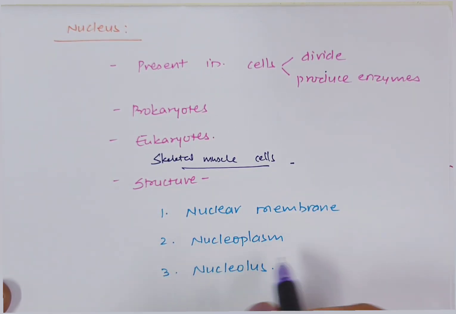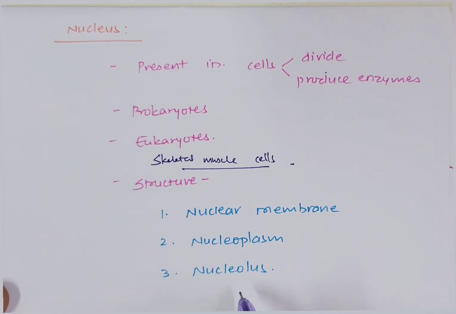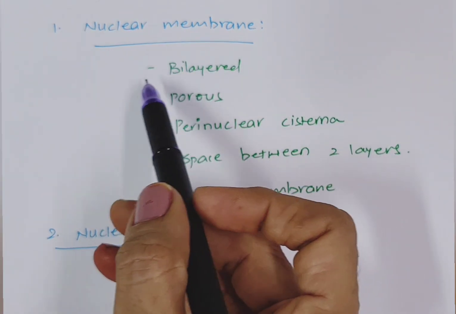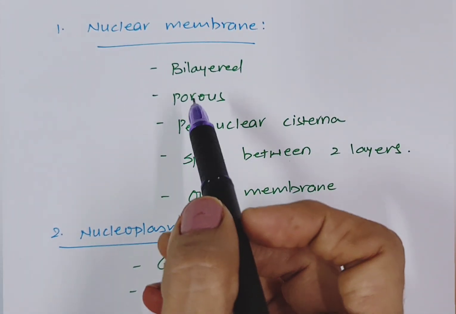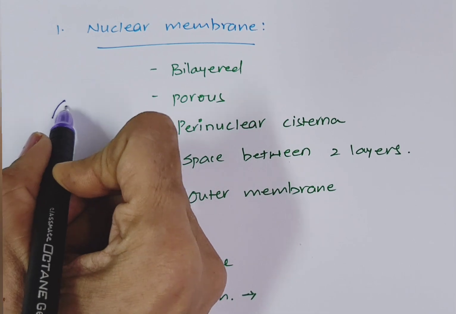Okay. Now, what is the structure of the nucleus? Nucleus has a nuclear membrane outside, then inside there is nucleoplasm. It is different from the cytoplasm, and it contains the nucleolus. We'll discuss. Starting with nuclear membrane. So this is covering the nucleoplasm. It is a double layered membrane and it has pores. You can see here it is like this. We can draw it like this.